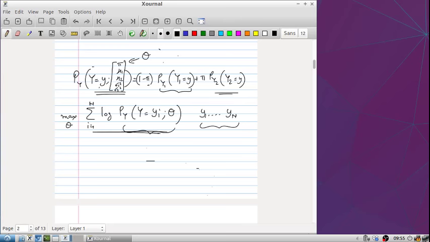That's the key observation that you need to make: if you had one Gaussian, log and exponent kind of cancel and you have a square objective, where you can easily take a derivative with respect to mu1 and see that mu1 is just the average of the observations. But since we have two Gaussians, there's an addition here, it's the sum of two exponential functions, so you cannot cancel log with exponents.